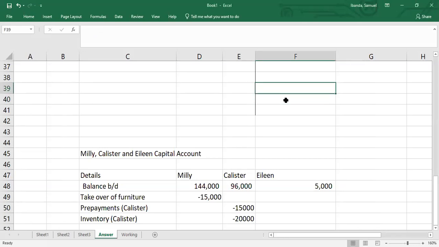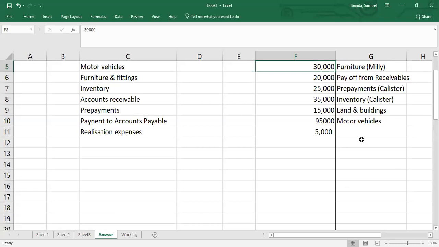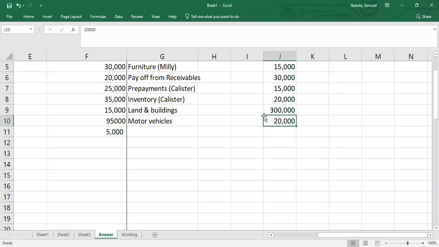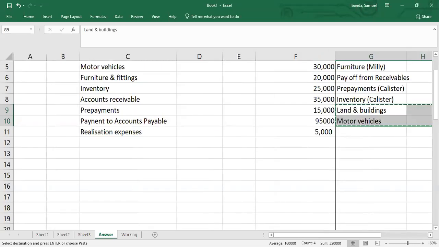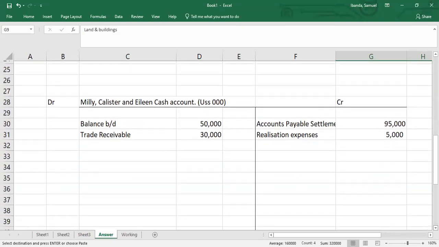Okay. So that's what we basically have. Land and building realized here. And of course, as they are realized here, ours is to also recognize this within our cash. That is the amount that we actually got from selling.